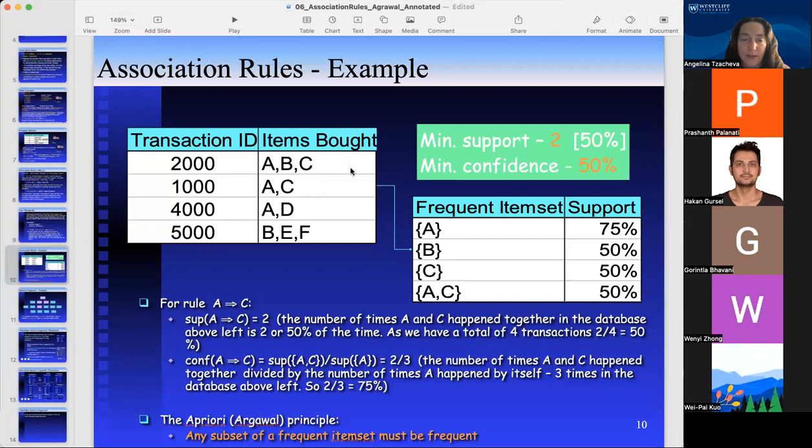The same for C, 2 out of 4, 50%. And the same for the set AC. It's occurring 2 times because in the first transaction we have ABC, so we do have AC. In the second transaction we have AC. So this one is happening 2 times out of 4 transactions, 50%.